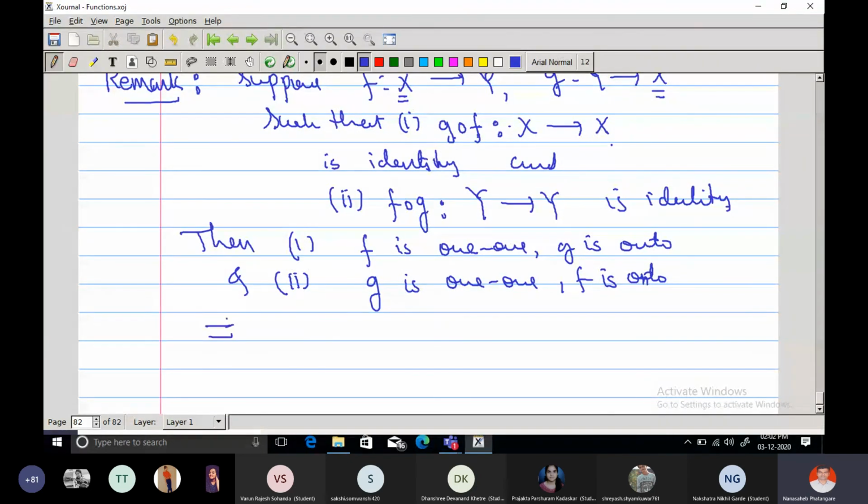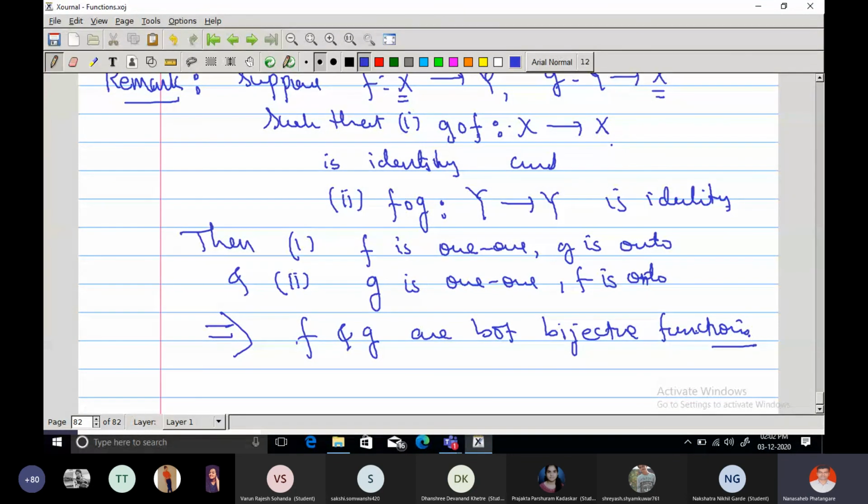If g composite f and f composite g both are identity, then f and g both are bijective. So this is a conclusion from the previous theorem.